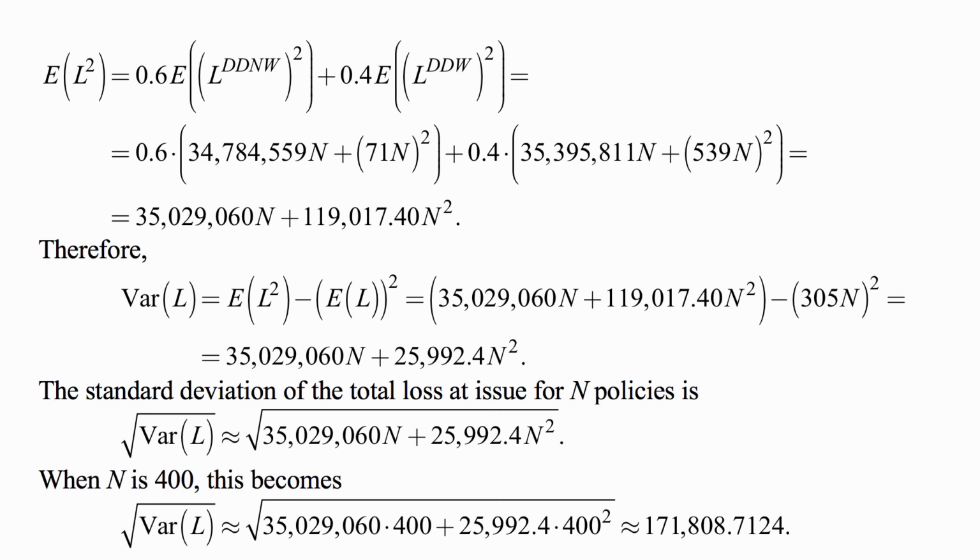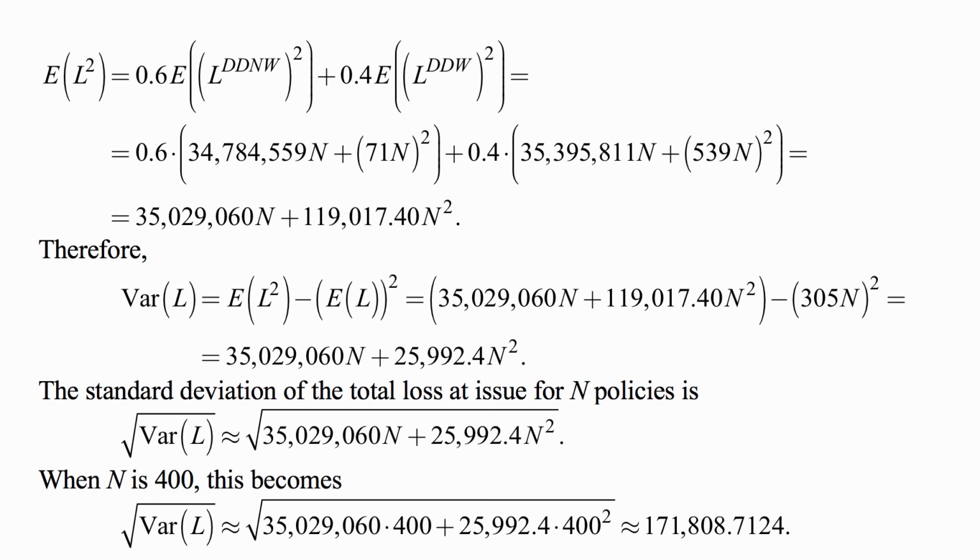And the variance of the loss, therefore, is the second moment minus the square of the first moment. And this comes out to be 35,029,060N plus 25,992.4N squared.